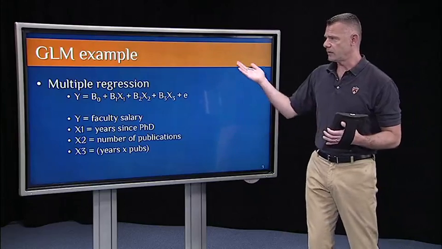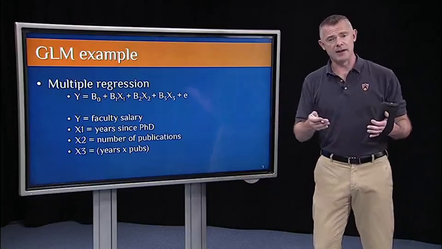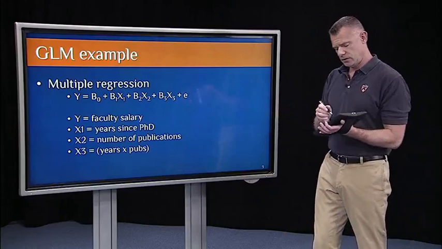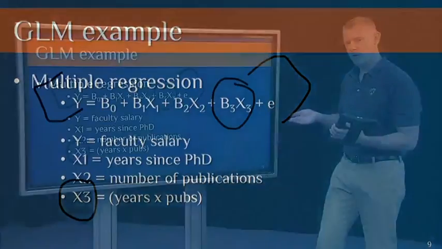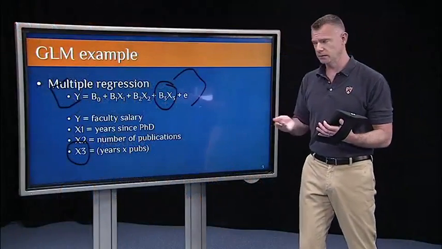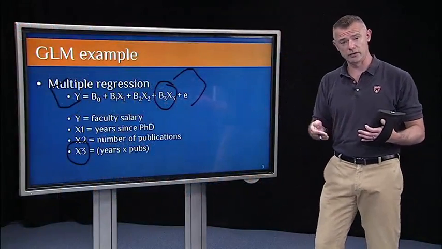But this is a way that the GLM can handle testing non-additive effects. Notice the GLM, the equation itself, is still linear and additive, but I'm tricking it by throwing in x3, a non-additive effect. So that's how it accommodates these things, and that's what we're going to do next week when we talk about moderation analysis.